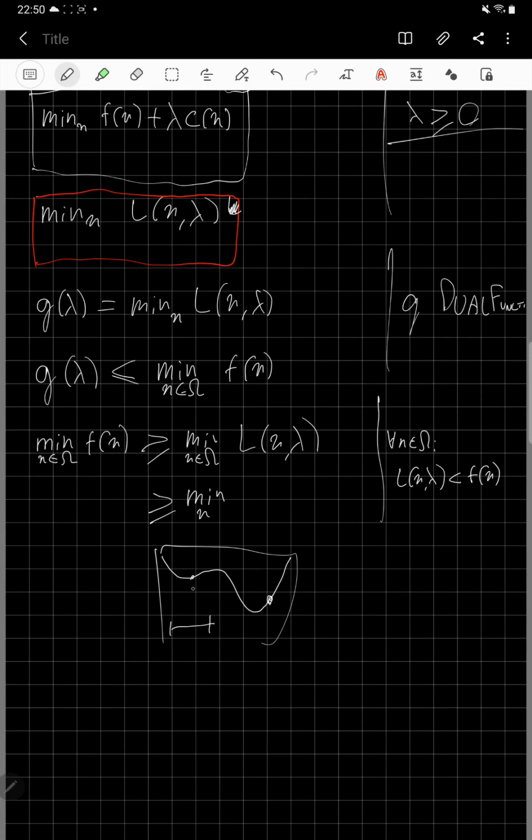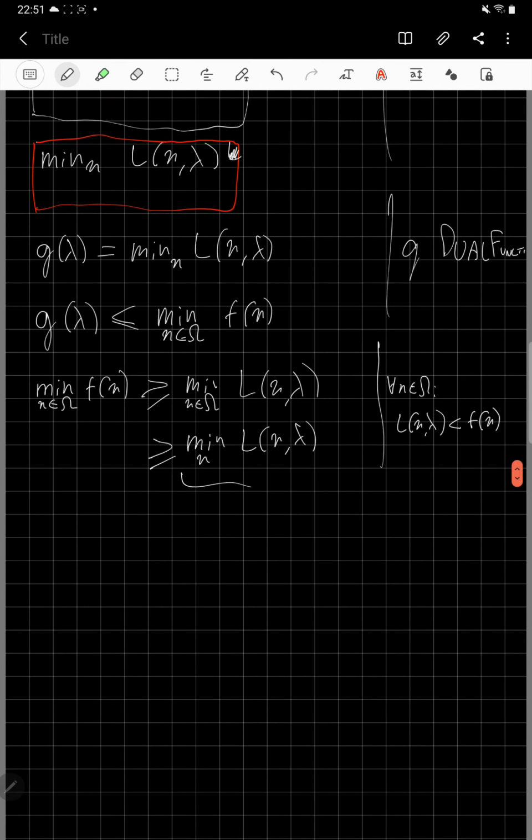Well, if the minimum of the inside region was smaller than the minimum in the whole region, so imagine that instead we would have this, then the minimum on the inside here would be the minimum of the whole region, obviously. So it doesn't make sense that the minimum of the whole region has to be smaller. Then we have more options. So the best option has to be better, obviously. That's a good way to put it.